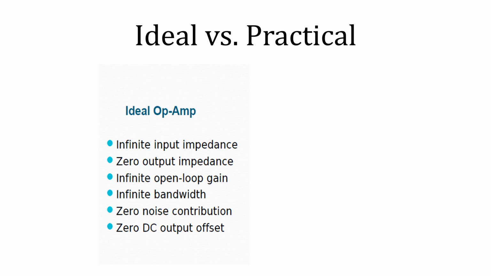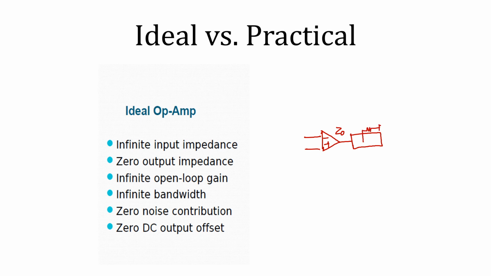And what is the meaning of zero output impedance? Just the reverse. Suppose this is an operational amplifier, and we connect its output to another circuit. Its output impedance should be very low, because it should not load the next circuit.